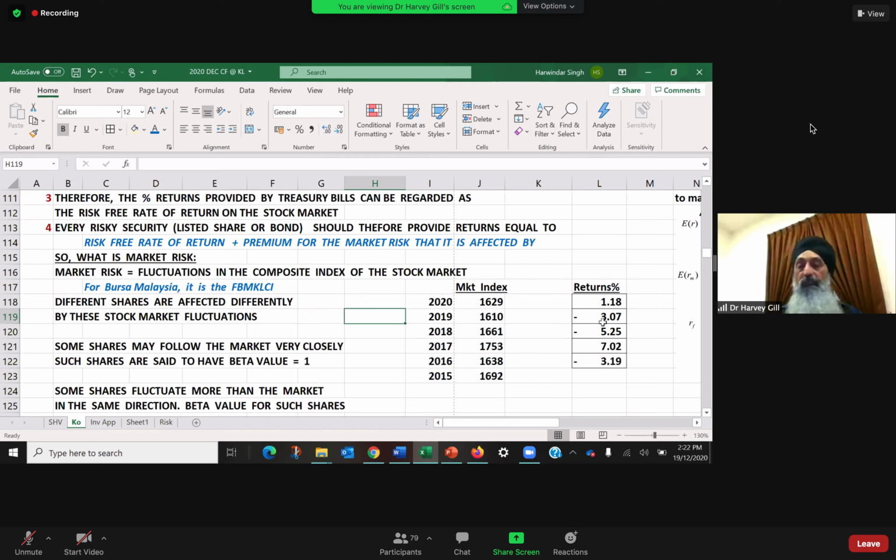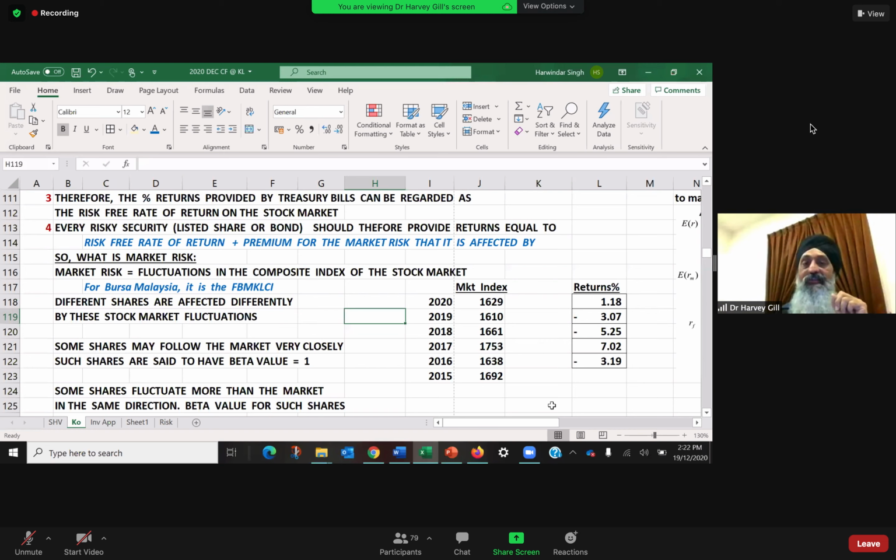When the market went down 5%, this share also went down by 5%, and so on. Then we will say the share price mirrors what is happening in the market. So we will say this company is almost 100% like the market.